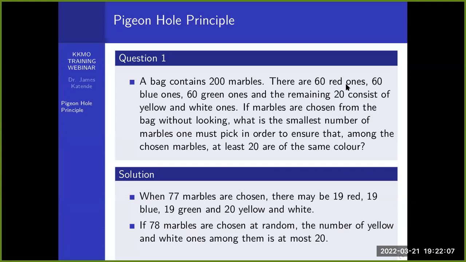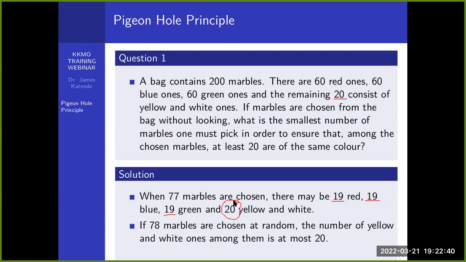We want to guarantee that there are at least 20. So I want to look for the smallest number that does not reach 20 of the same color. The smallest would mean I have 19 of red, 19 of blue, 19 of green, and all the yellow and white.